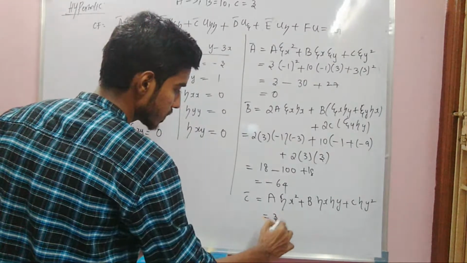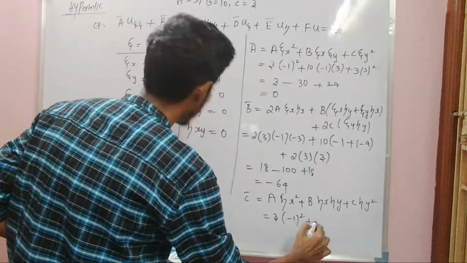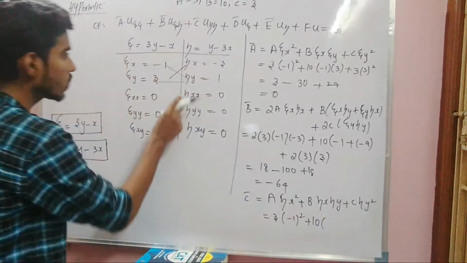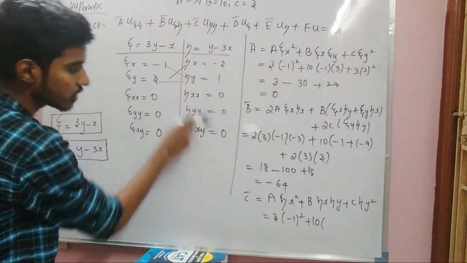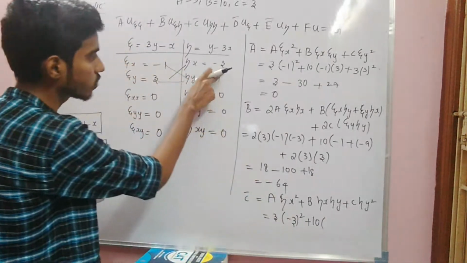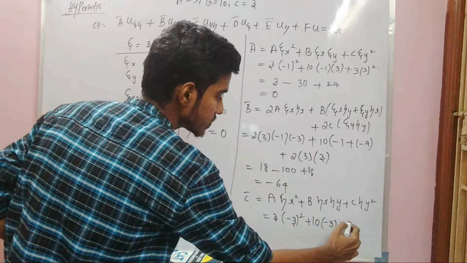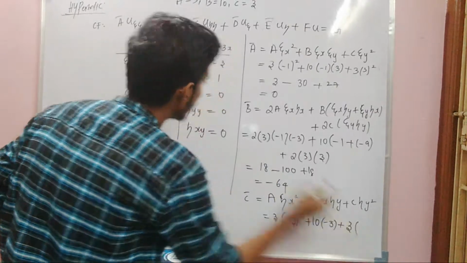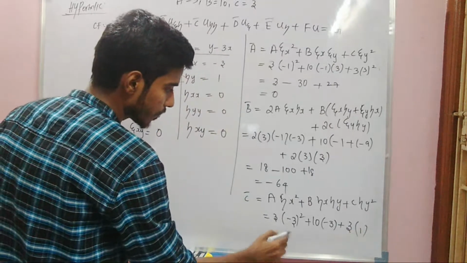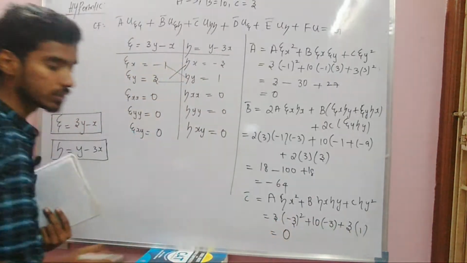A is 3 and eta x is -1, so -1 whole square, plus b is 10, eta x eta y. Sorry, eta x square is -3 whole square. Eta x eta y is -3, plus c is 3, eta y whole square. This will be 1. So this will be -30 plus 27. Again it will be 0, right?